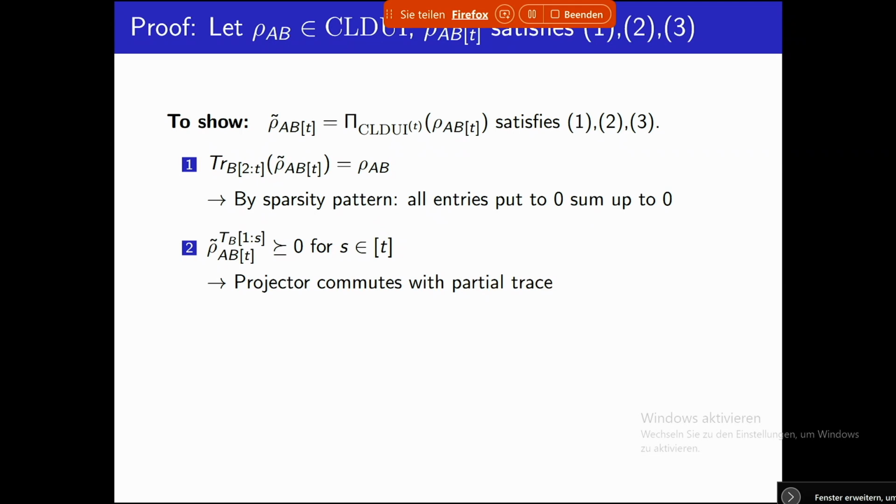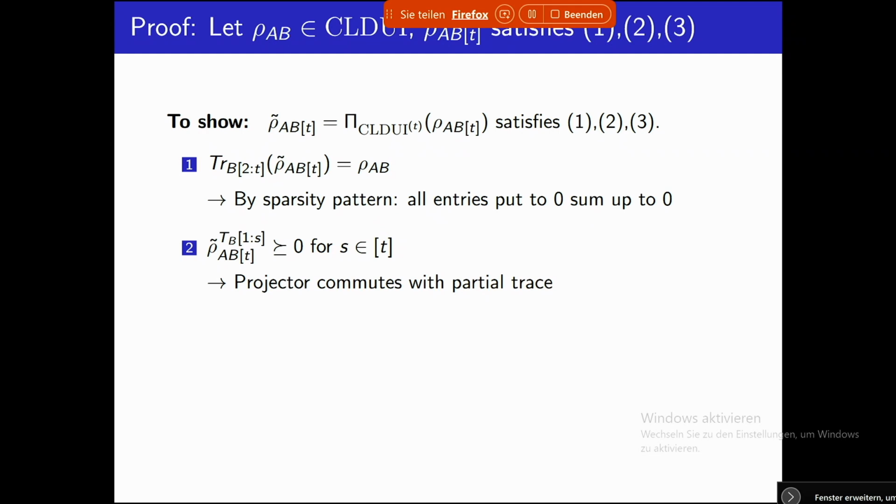So that's okay. Then the second condition, the PSD condition, is the one where I think the most work is required. But this, in essence, breaks down to the fact that the projector we've seen earlier with the integral representation commutes with the partial trace. So, oh, this is a typo then. This should be partial transposition, sorry. What I wanted to say is the projector commutes with the partial transposition.